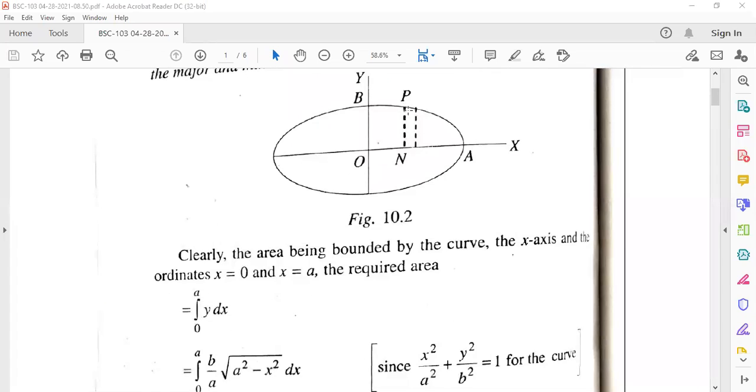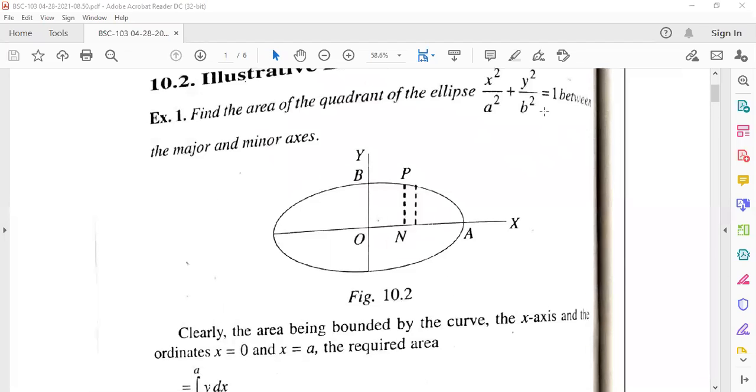This is the small strip whose length is dx, and this is according to the y-axis. We are taking 0 to a y dx. Now we have to find the value of y from here. Value of y will be 1 minus x square by a square, multiplied by b square, then square root.